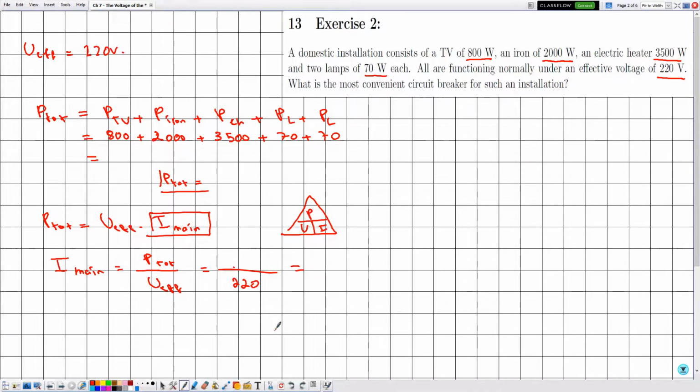So we have 800 plus 2000 plus 3500 plus 70 plus 70. Then this is given by 6440. So the total power is given by 6,440 watts.